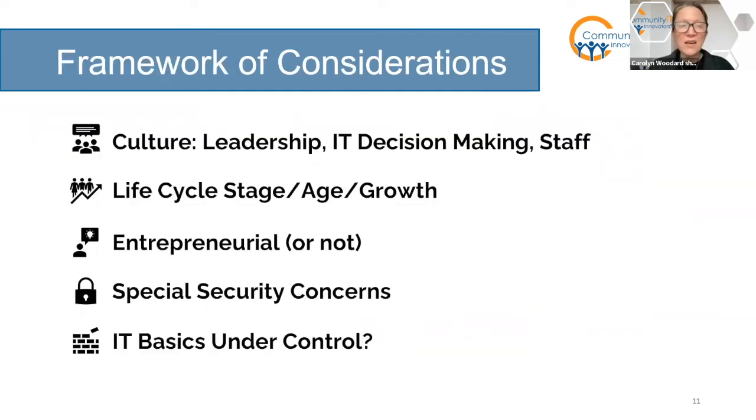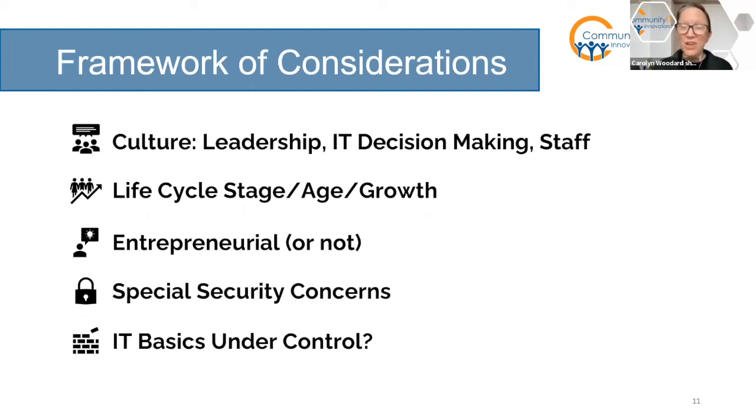So today we're going to talk about the different dimensions that we use at Community IT when we help nonprofits think through their readiness for IT innovation. So the different dimensions are your culture, so leadership, IT decision-making, your staff, your budget. A second dimension is your life cycle stage. So the age and growth of your organization. How big are you? And are you a startup?